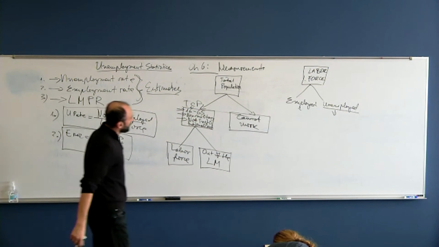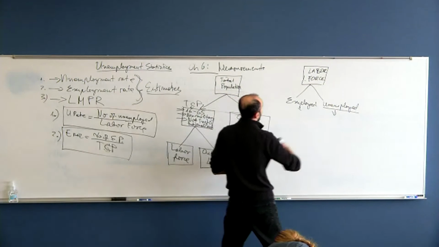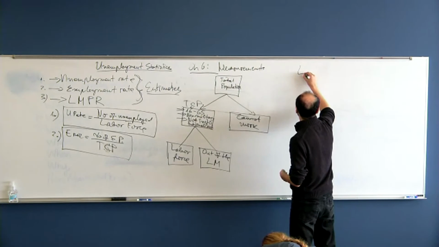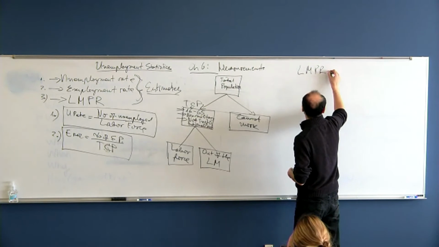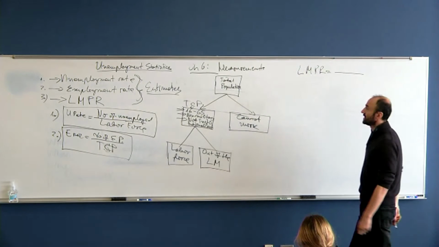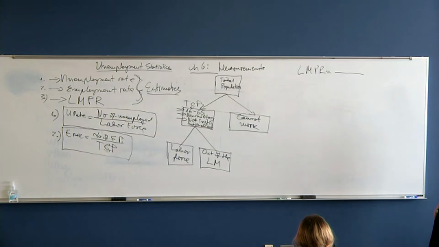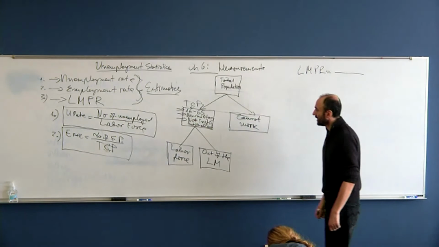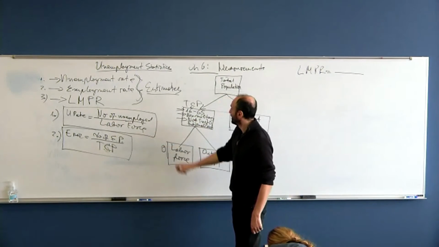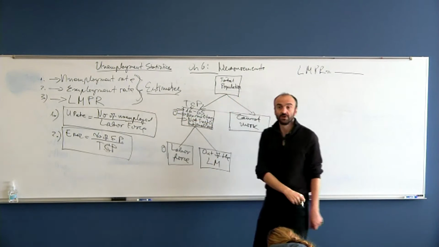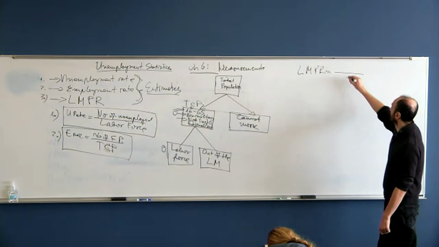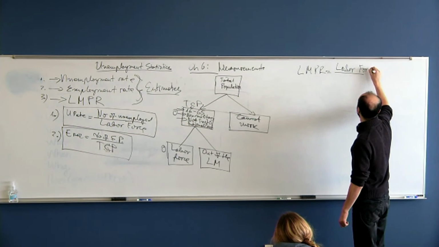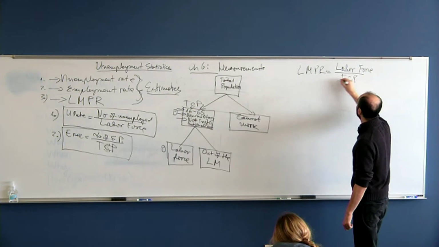And the third one is labor market participation rate. What is that? That's this divided by this. It's labor force over total civil population.